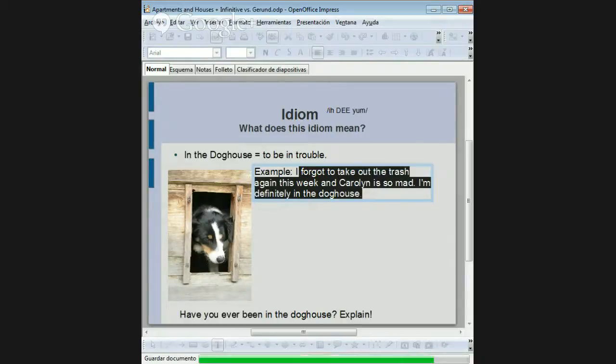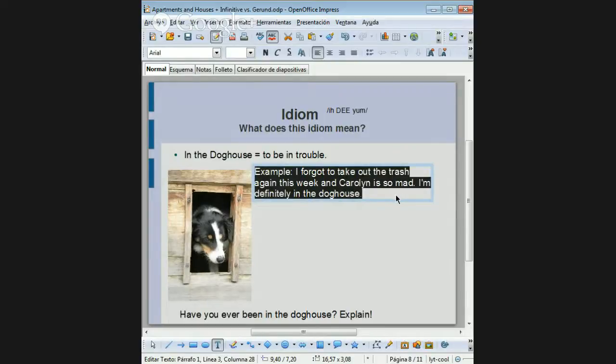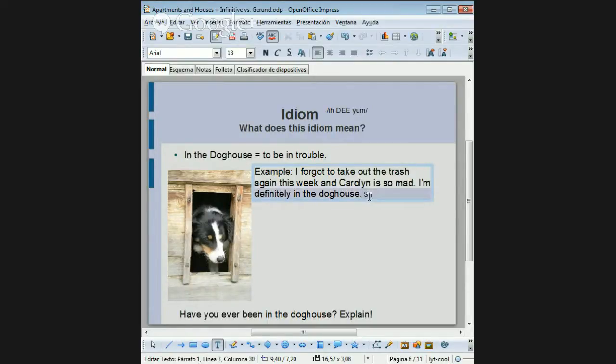So back to this page. I forgot to take out the trash again this weekend, and Caroline is so mad. I'm definitely in the doghouse. And maybe she won't even talk to me.